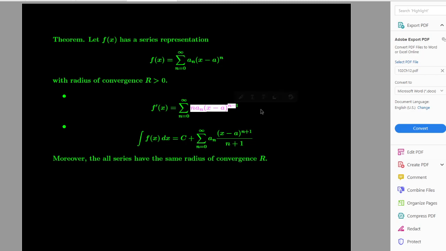Now the highlighted is actually the derivative of that term. The derivative of the power function is equal to that, right? Probably you have to use a chain rule, but it's simple to see that. Or you just remember, if a function can be represented as a power series, then it's permissible to differentiate term by term in order to differentiate the function.